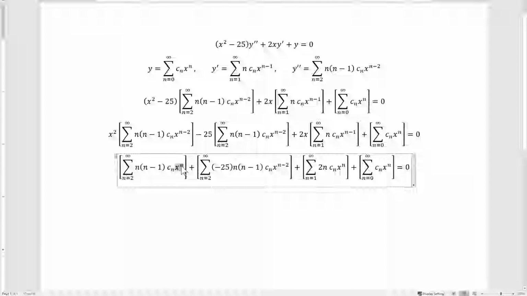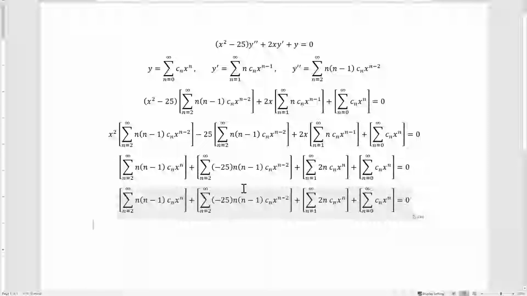Now looking at the x to the n's here, we have a few x to the n's. The only thing that's not following the same order is this series that has an x to the n minus 2. So that is what we're going to work on. We're going to shift the indices for that.